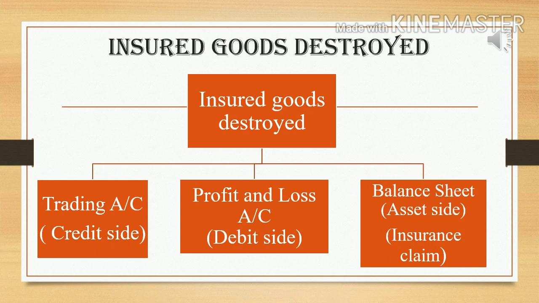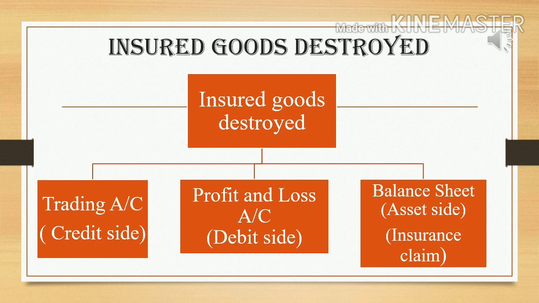So, somewhere or other, he is also going to get the insurance claim from the insurance company. So, we will club all this and I will show you the adjustment now. Very first, the goods have gone out of the business as they are damaged, as they are destroyed. So, we will record it in trading account credit side. Second, there is also a kind of a loss for the business.